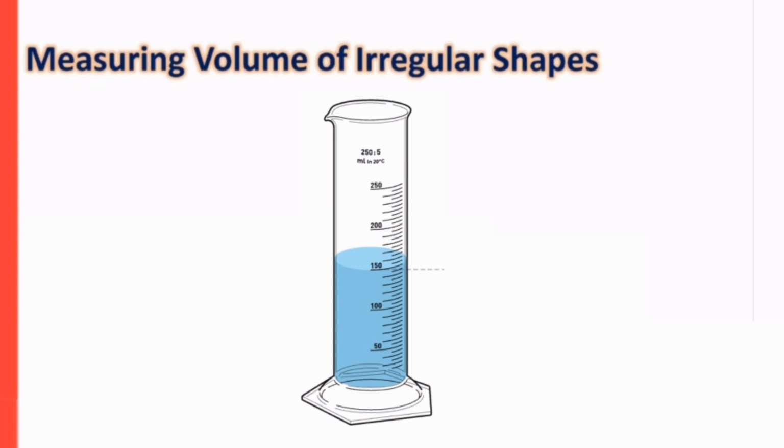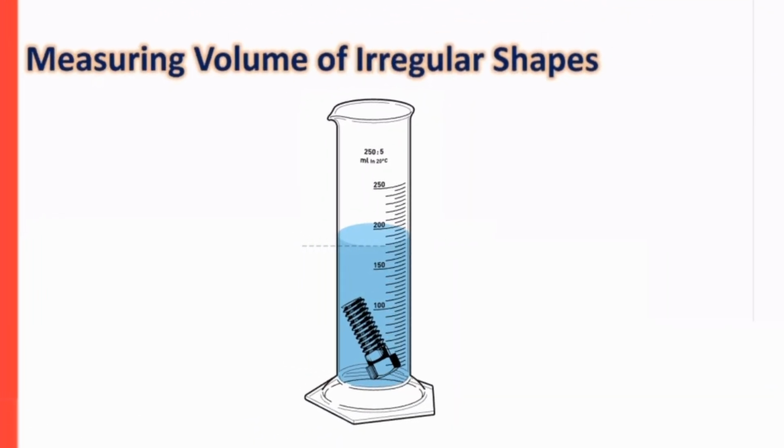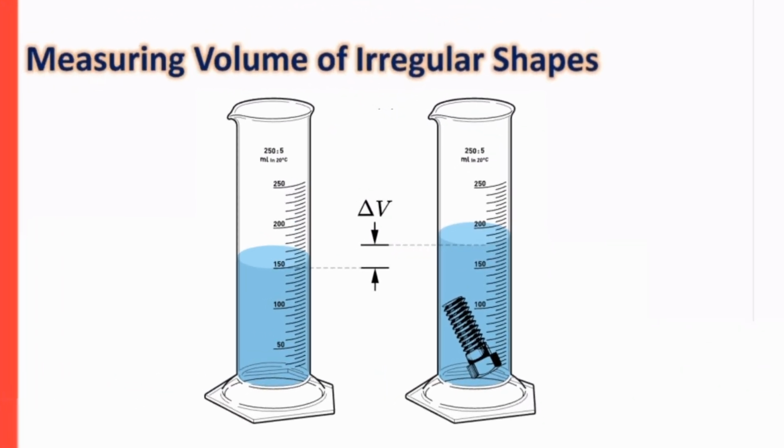Make sure to note the initial water volume. Then carefully place the object in the water. After that, observe the new water level and note the difference. This is called the displacement. At last, to find the volume of the object, subtract the initial volume from the final volume.